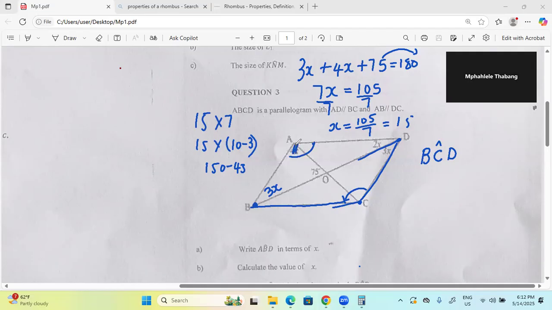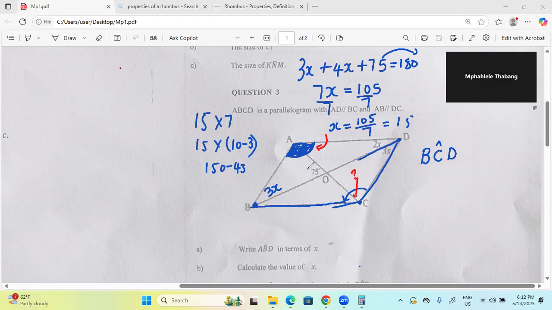The whole angle A, if you are focusing on triangle ABD, watch out. The examiner is asking about the angle C, but I'm focusing on angle A. Why am I doing this? Because I know that angle A and angle C are equal. So if I can find angle A, I found angle C.